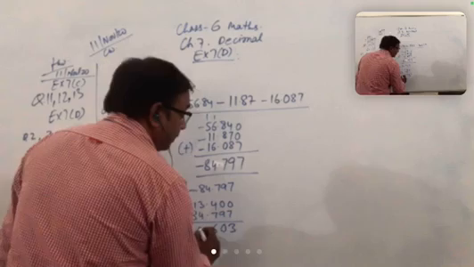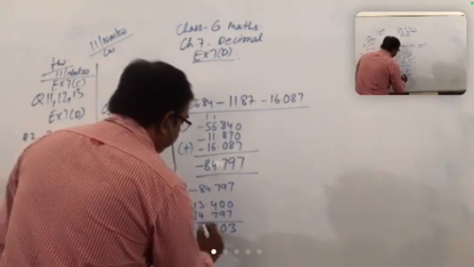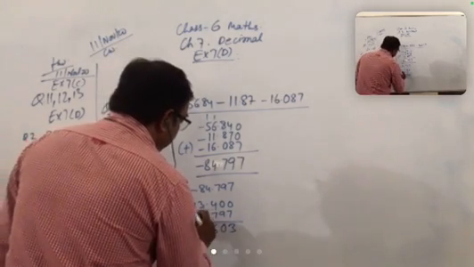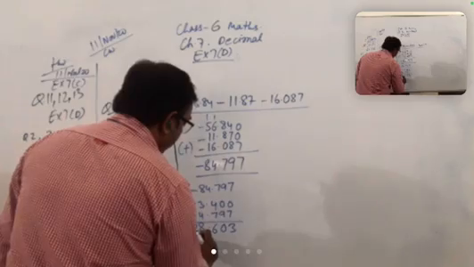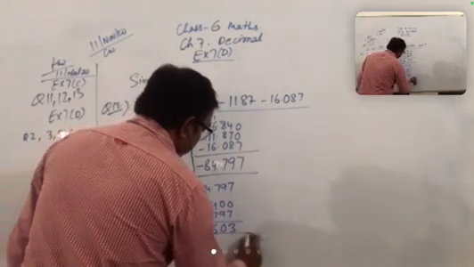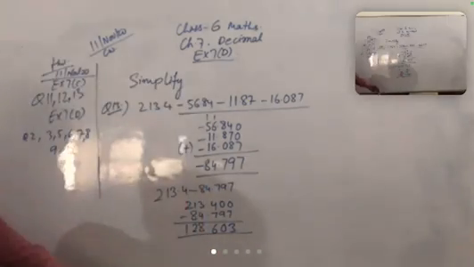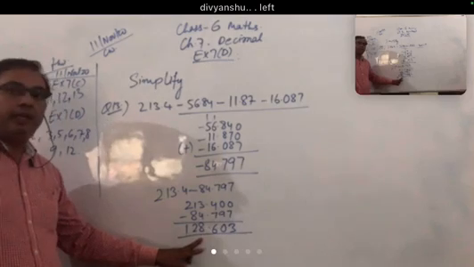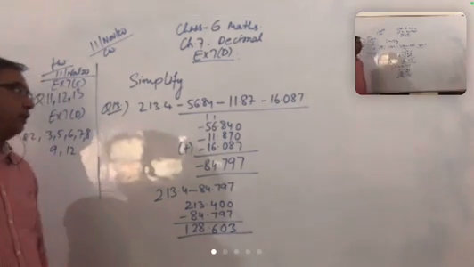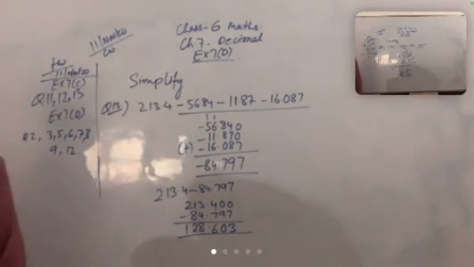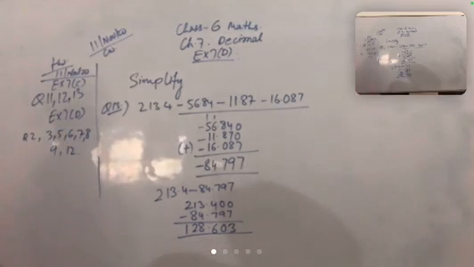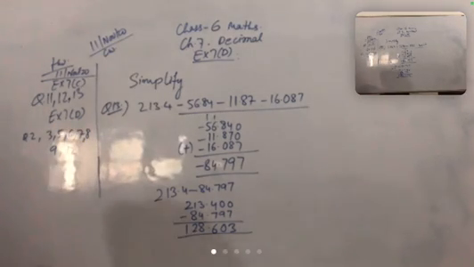And now 12 minus 4 is 8. Now 10 minus 8 is 2 and this is 1. So 128.603 is our answer. Is that clear? Now please copy fast. We have to move to the next questions.